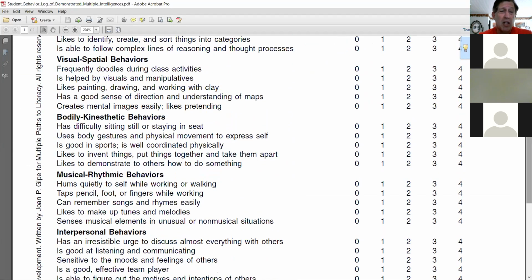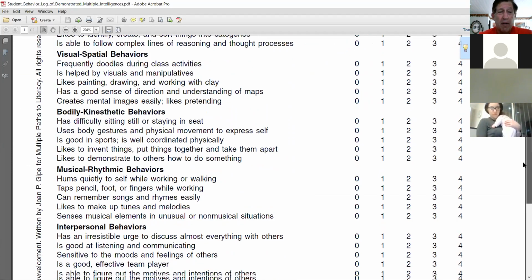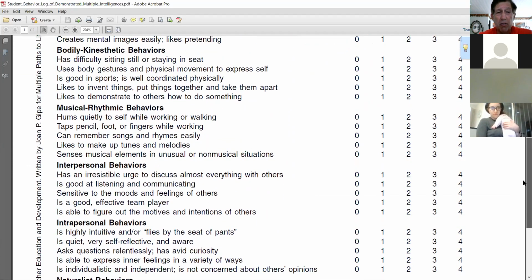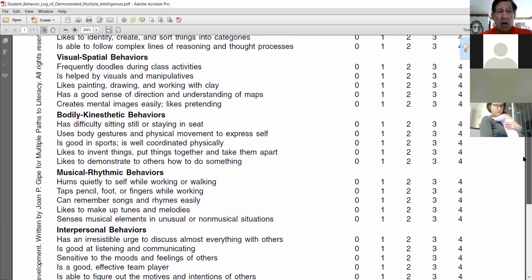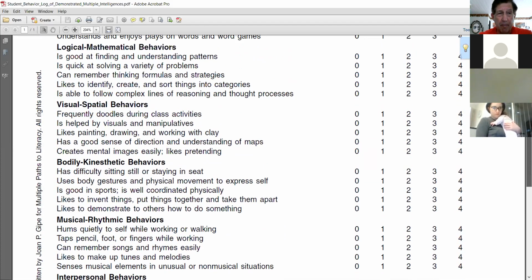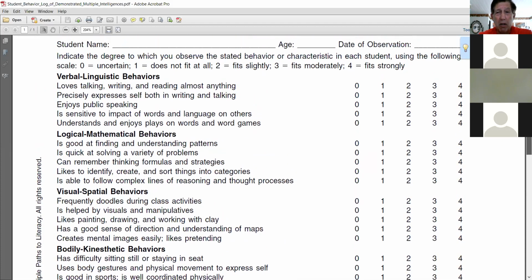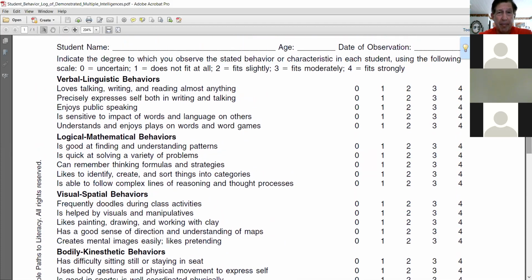So if you know you have a lot of students who are musical, rhythmical, you want to include activities that are that. If you know that there are a lot of interpersonal behaviors, you want to talk about that when designing instruction. If there's bodily kinesthetic, you want to include a lot of movement, et cetera, et cetera. Mathematical, you may want to include that.